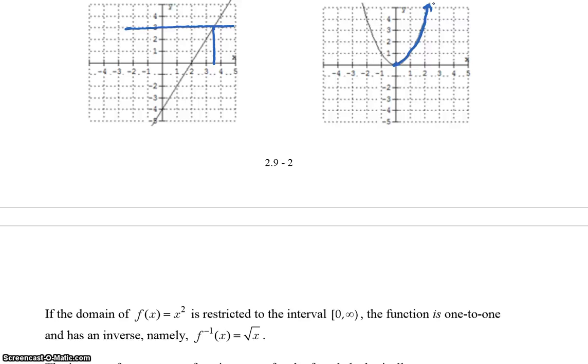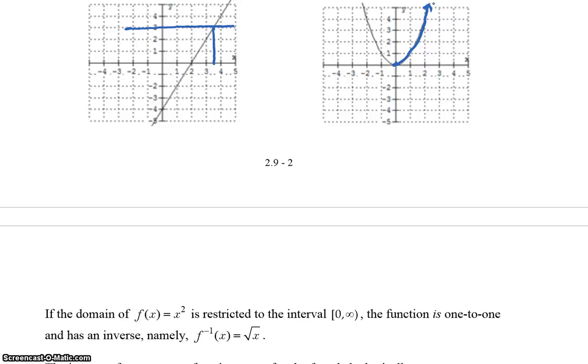Notice that in doing this, we don't lose any of the y values that we get for this function. We retain the entire range of the function, which is also non-negative real numbers from 0 to infinity.